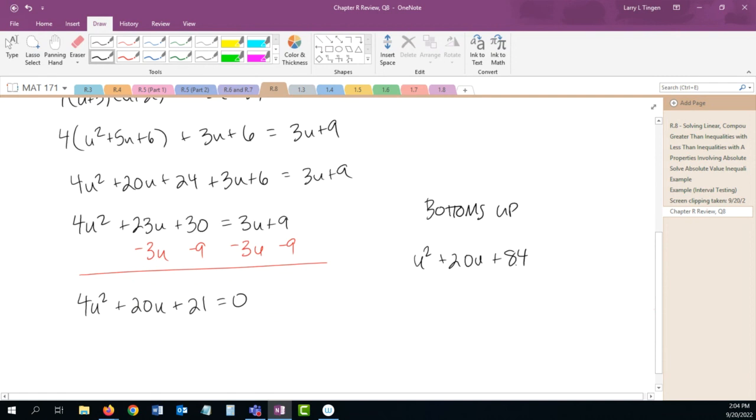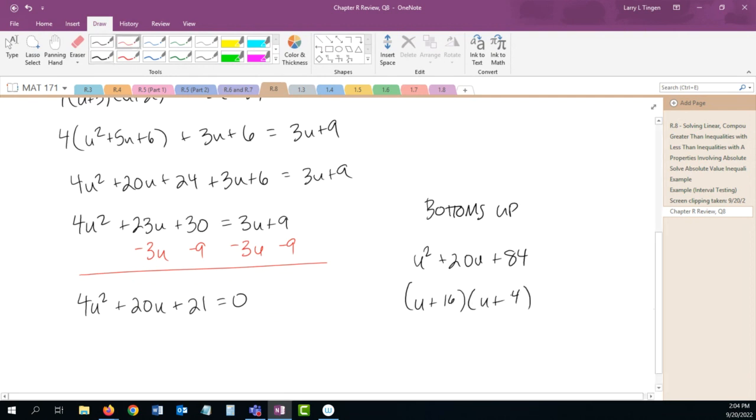Does anything work for this? Does anything multiply to 84 and add to 20? 8 and 4 is 12, so it's divisible by 6. Yeah, 16 and 4, exactly. So this will factor into u plus 16, u plus 4.